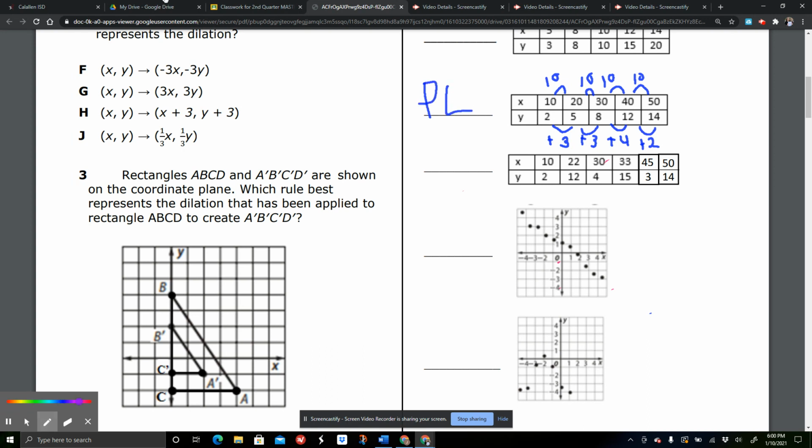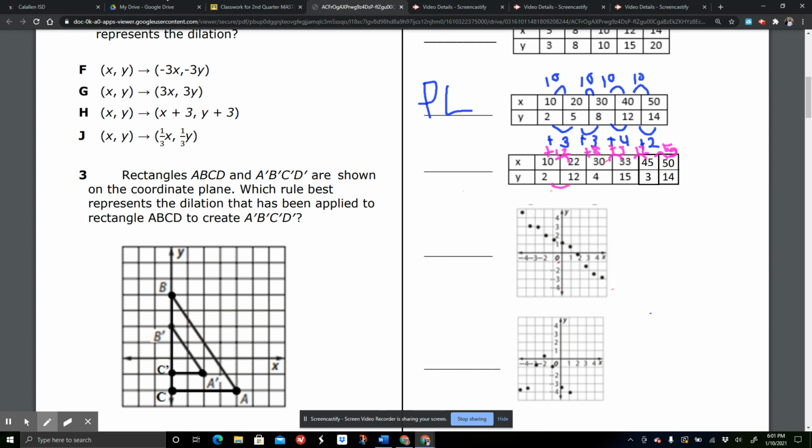If you go to the next one, 10 to 22 is an upward increase of 12. 22 to 30 is an upward increase of 8. That's 3. And then 12. And then 5. So it's increasing, but kind of at a sporadic rate.